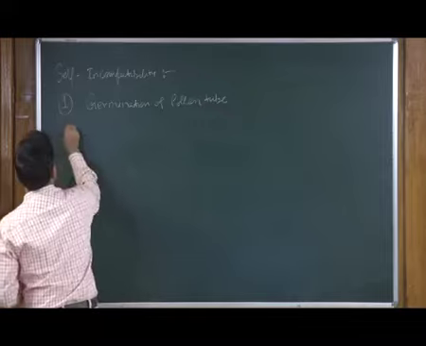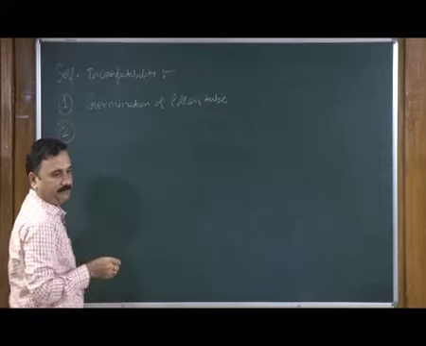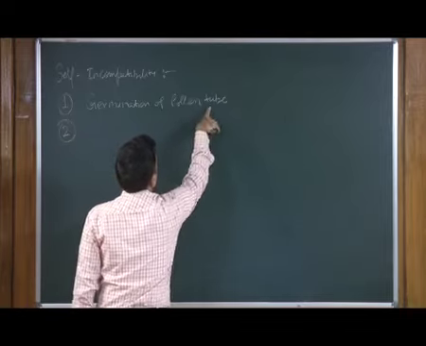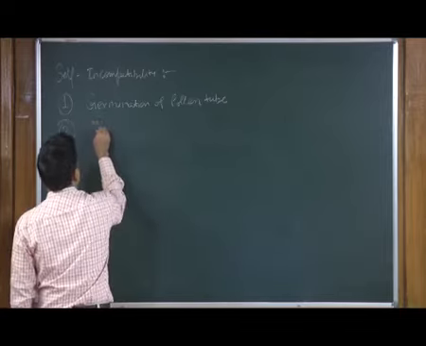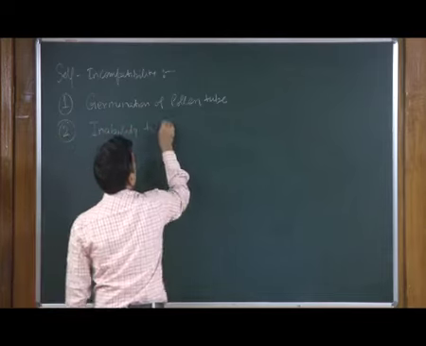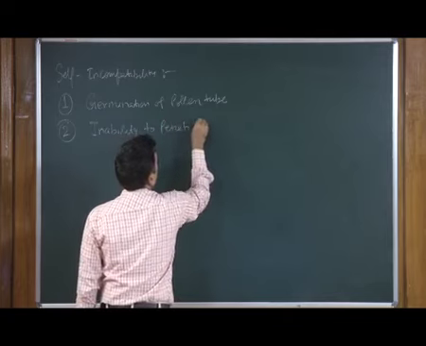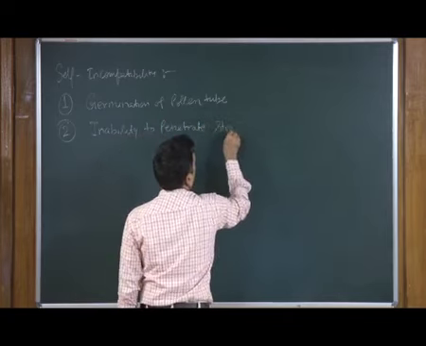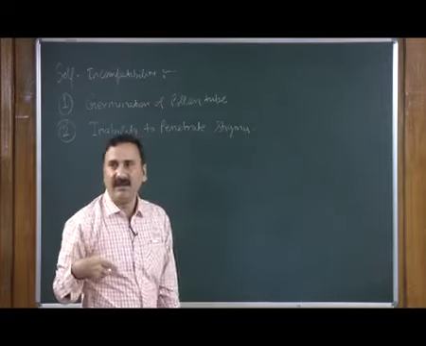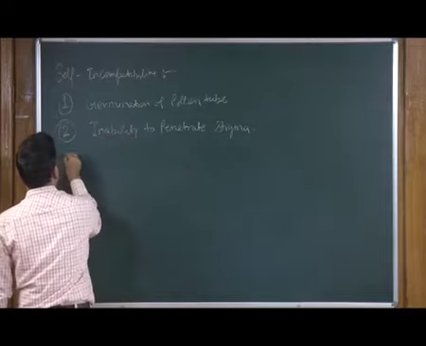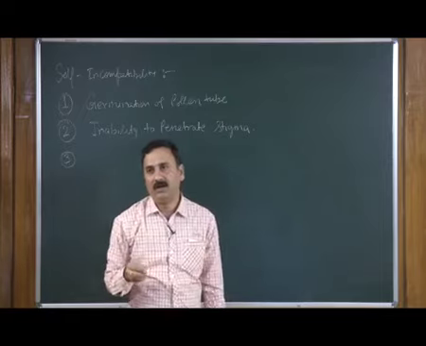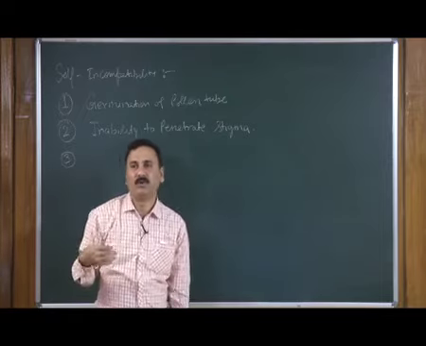Number two, even if the pollen tube is generated, it may have an inability to penetrate the stigma, because unless it penetrates the stigma, it cannot deliver the male gametes for fertilization. Number three, it may not support the growth of the pollen tube.